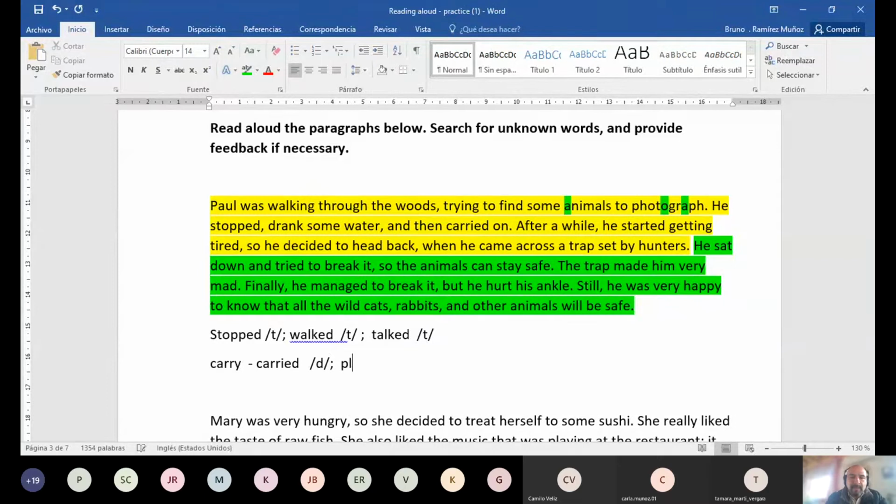For example, the word play, and the past tense, right? It should be played, considering that the last sound of this word, I mean to play, is a diphthong, right? So a diphthong or a monophthong or triphthong, they're always voiced.